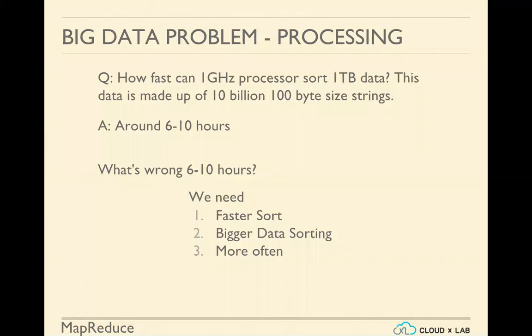There are 10 billion records. If you put n into this, then you can compute: 20 billion log 20 billion divided by 10 billion log 10 billion, you'll get the answer.